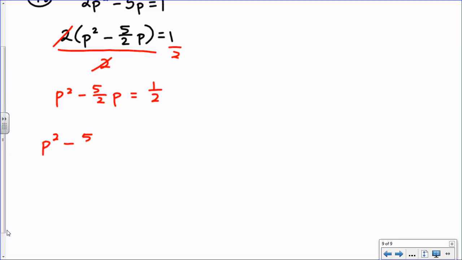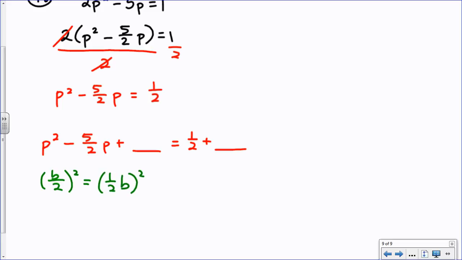Now I need to complete the square. That's b over 2 squared. Since b is a fraction, instead of writing b over 2, I'm going to write that as 1/2 b. Dividing by 2 is the same thing as multiplying by 1/2. Are we all okay with that?